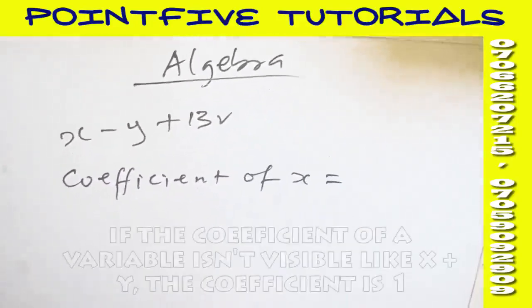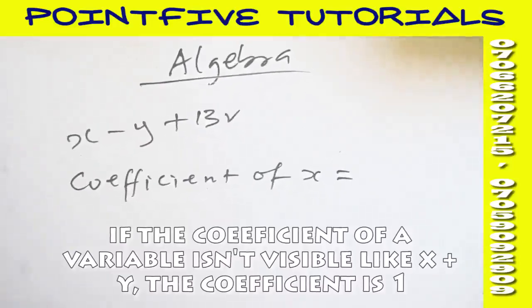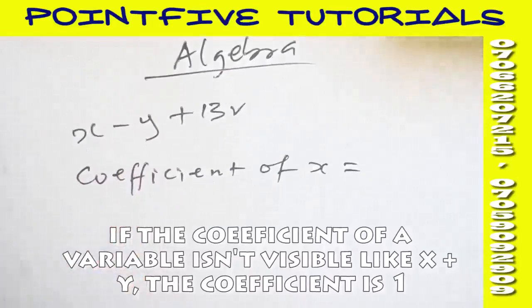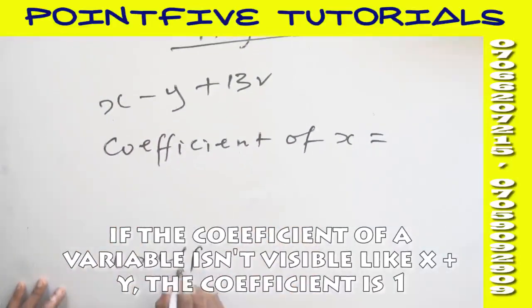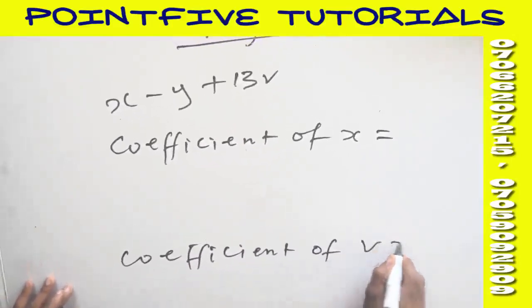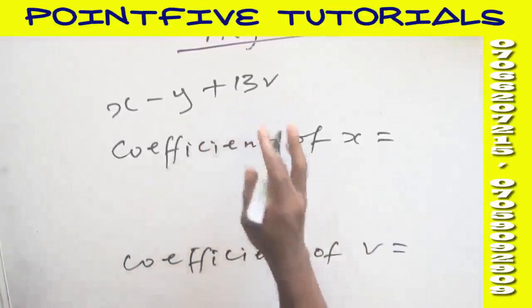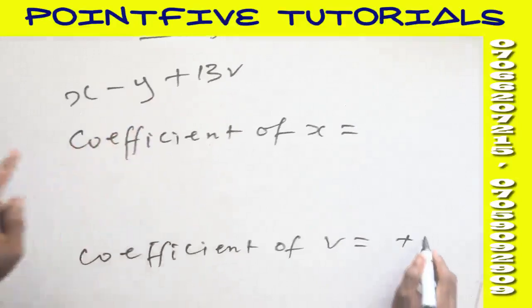So the coefficient of x here, if you check, we are not seeing any number. In coefficient of y, you are not seeing a number either, but the coefficient of v is very obvious. You see that 13 is there, and the sign is obvious.